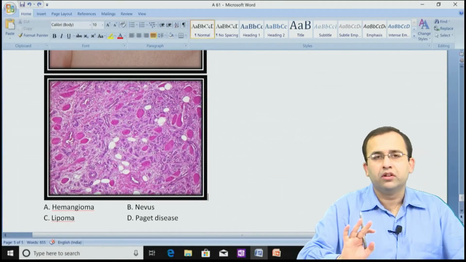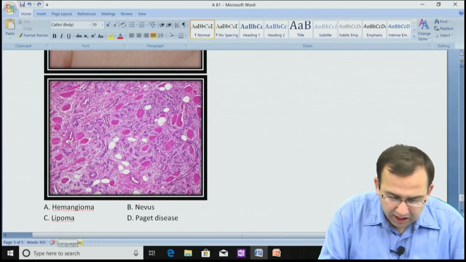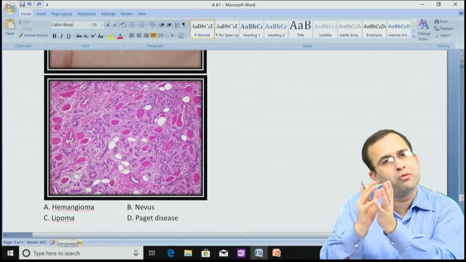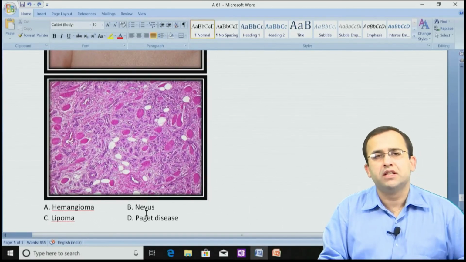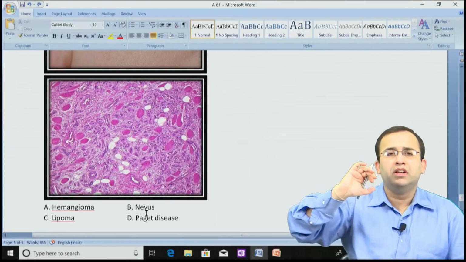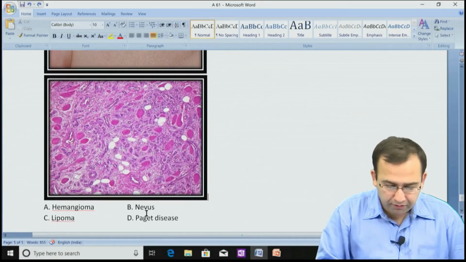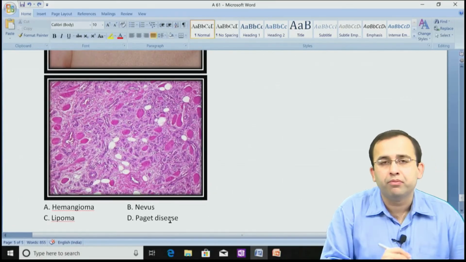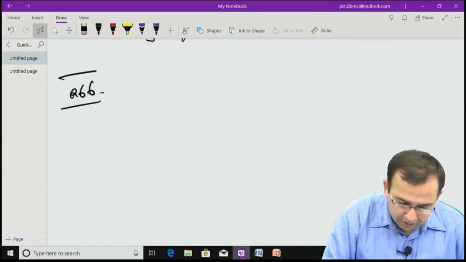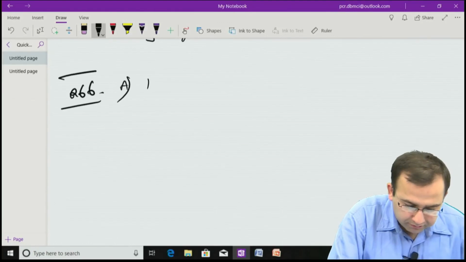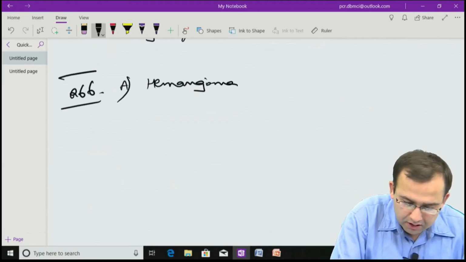This is not a lipoma, as there are very few fat cells; a lipoma would have shown abundant fat cells. This is not Paget's disease either; Paget shows large cells in the skin or nipple of the female. The answer is A, hemangioma.